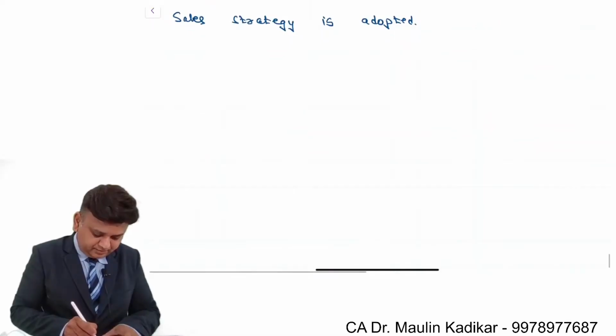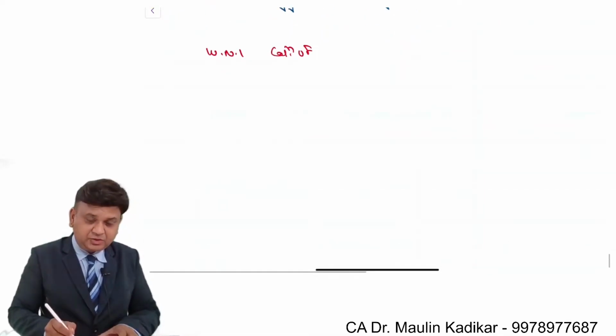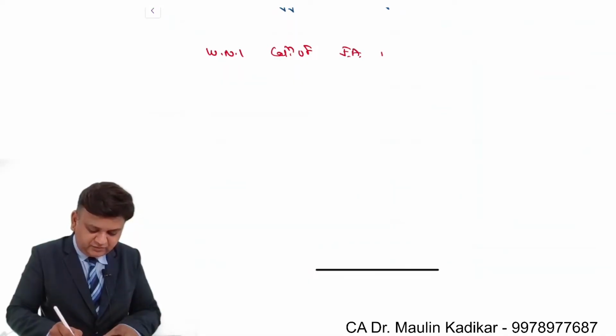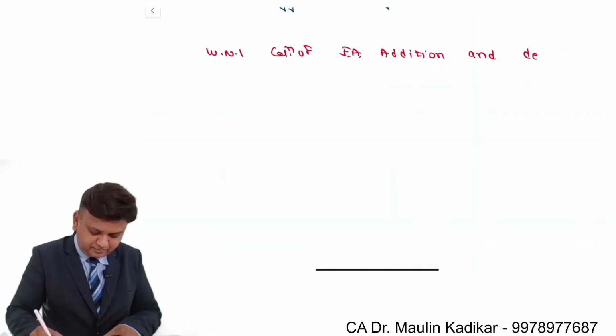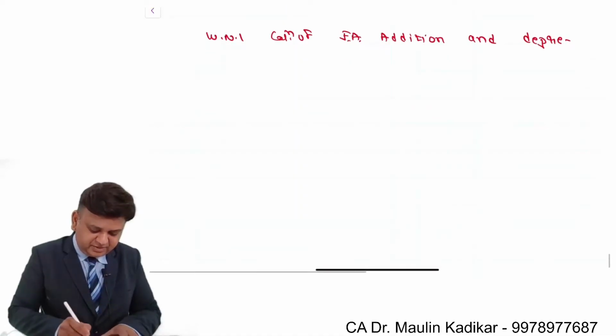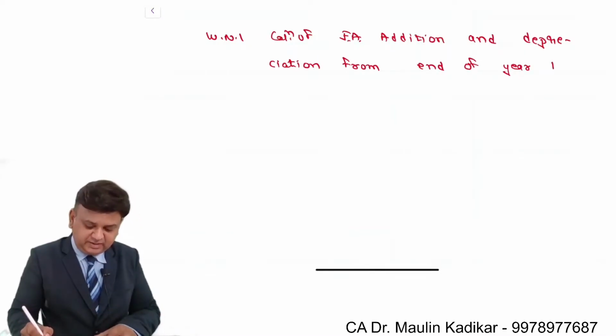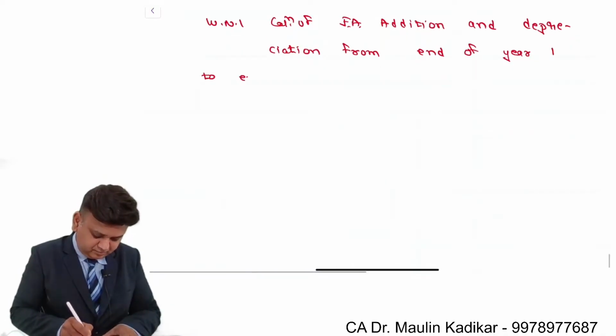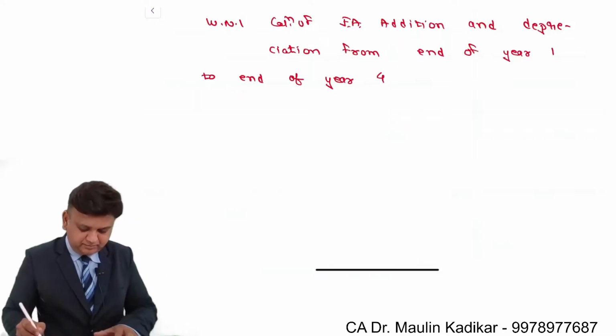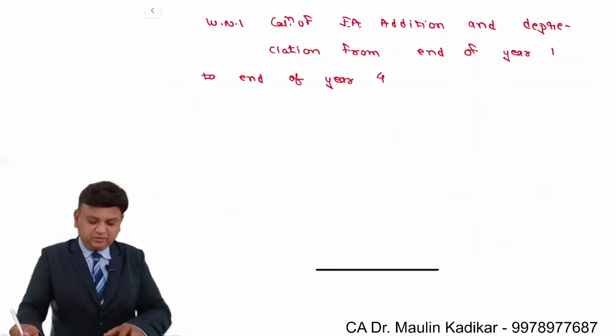In the working, working number 1: calculation of fixed asset addition and depreciation from end of year 1 to end of year 4. That is the way we are required to make the calculation of the answer.